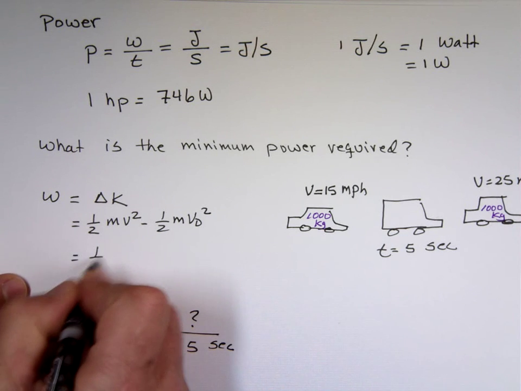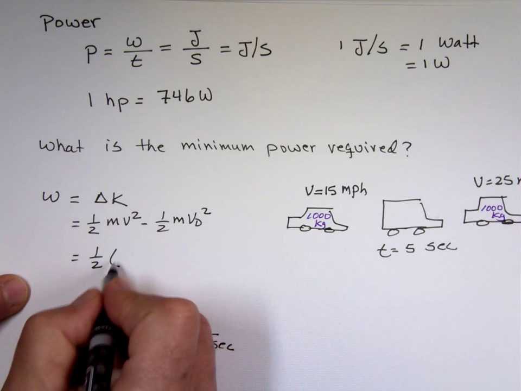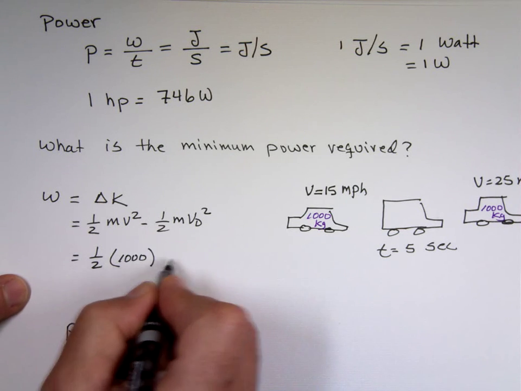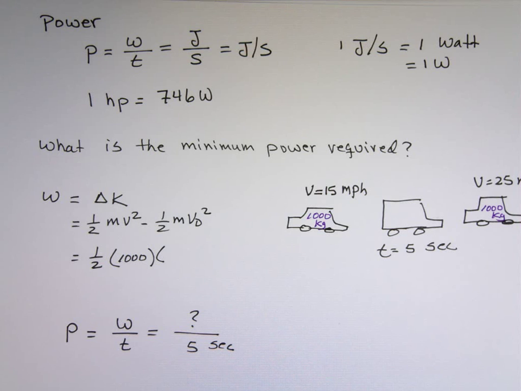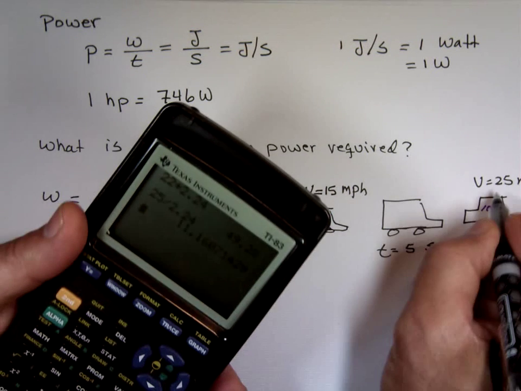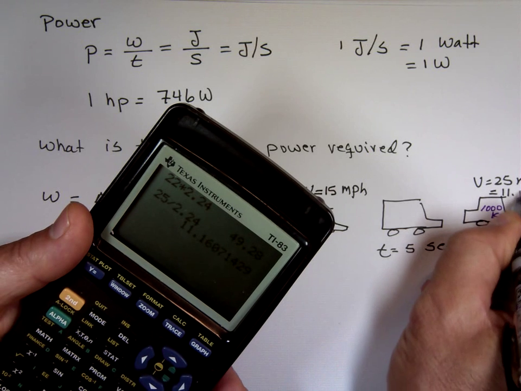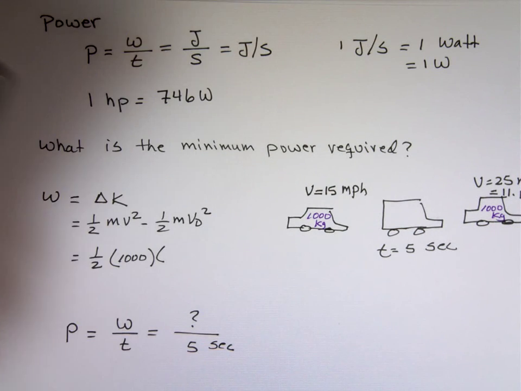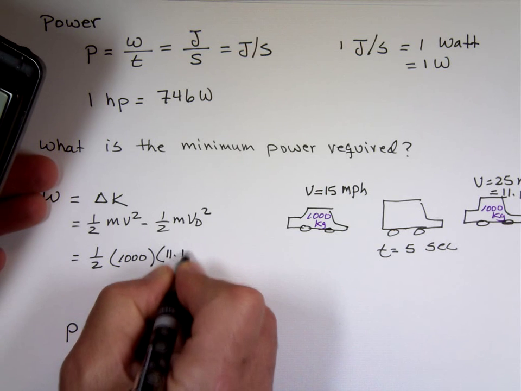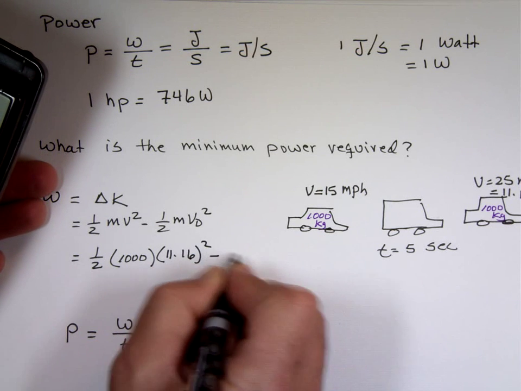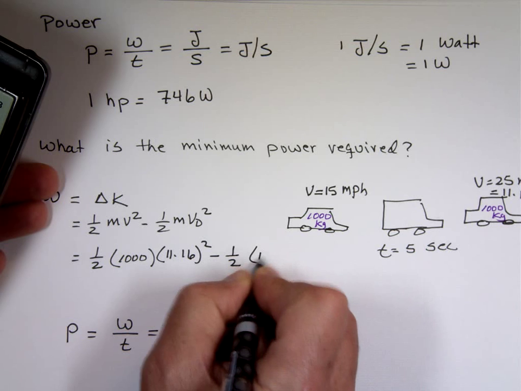So it's 1/2. What's the mass? 1,000. Final velocity, which is what? I have to convert 25 miles per hour to meters per second. You divide 25 by 2.24. It's 11.2, or 11.16 if you want, meters per second. One half times 1,000.